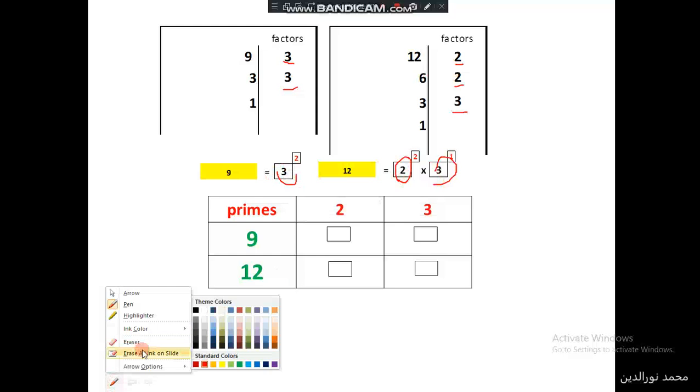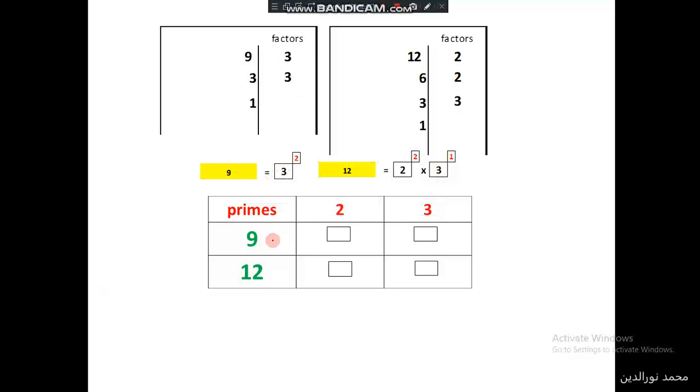And then we have to fill the table. 9 is 2 to the power 0 since there's no 2, and 3 to the power 2. 12 is 2 to the power 2 and 3 to the power 1. Till now everything is okay. Now we have to find the GCD.